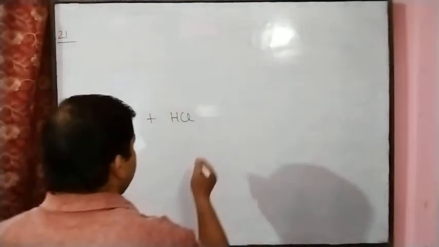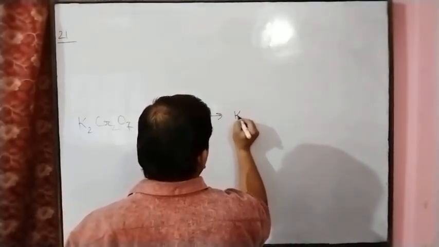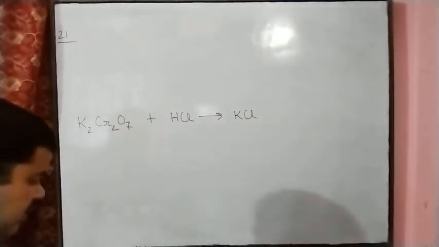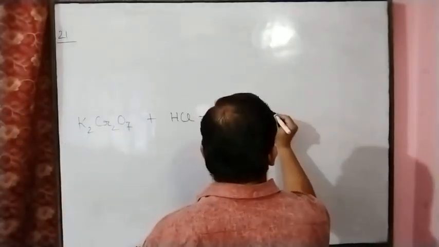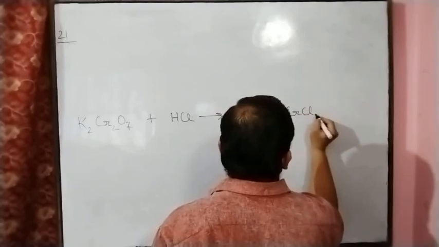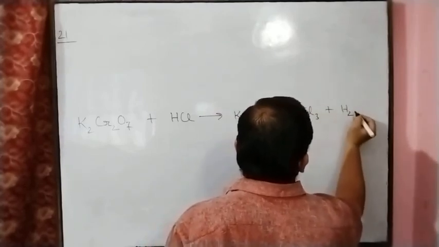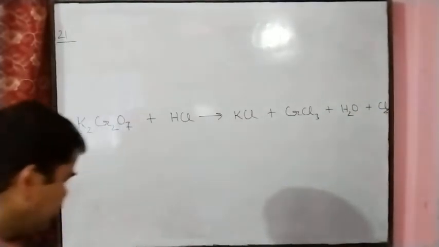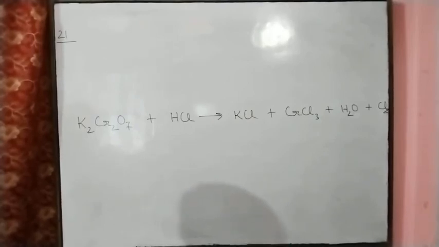This gives potassium chloride, chromium chloride, water, and chlorine gas. So K2Cr2O7 reacts with hydrochloric acid to give potassium chloride and chromium chloride, CrCl3, then water and then chlorine gas. So we will balance this equation.